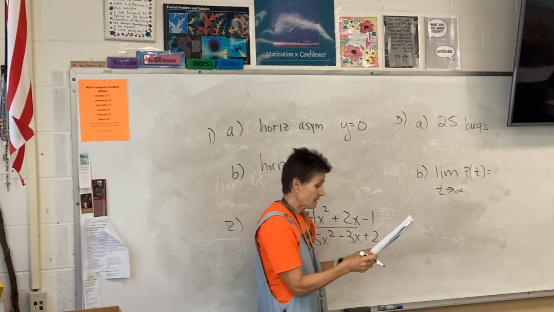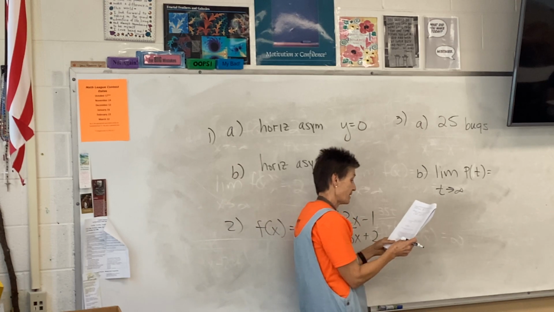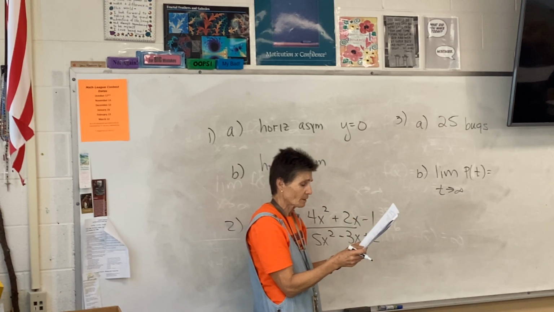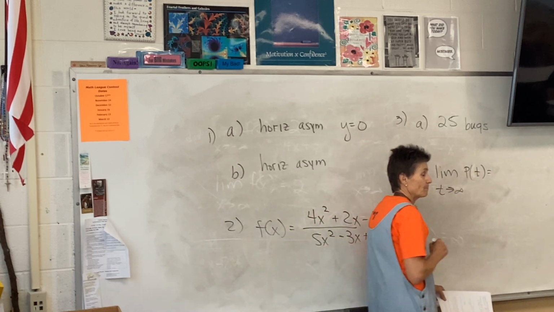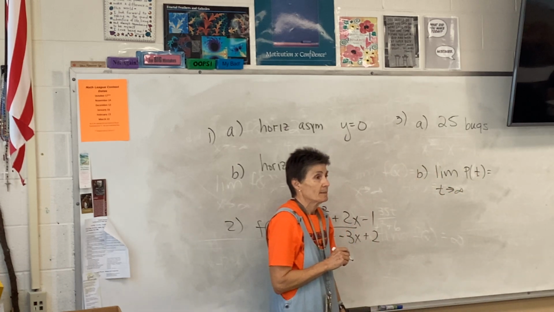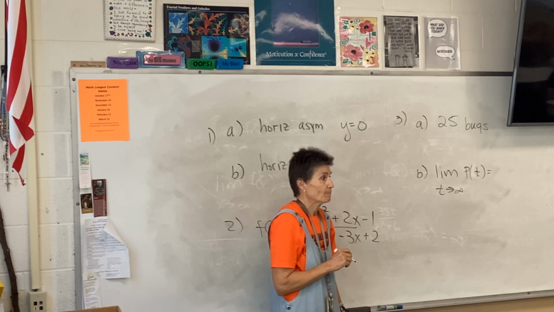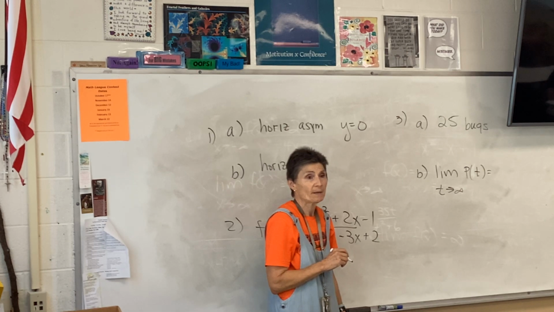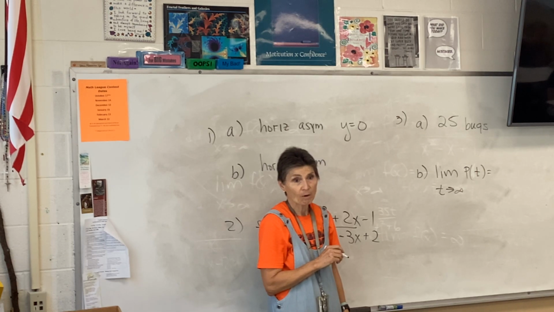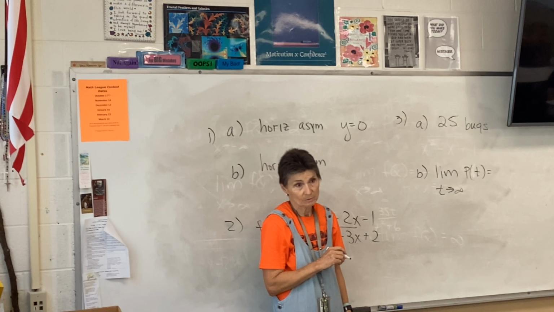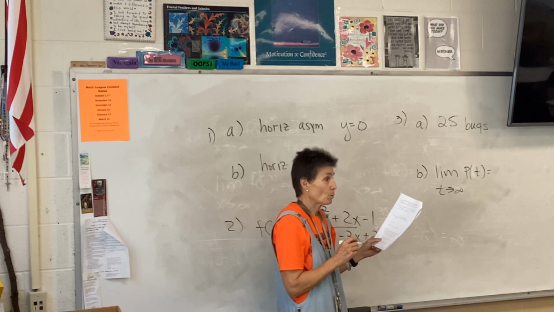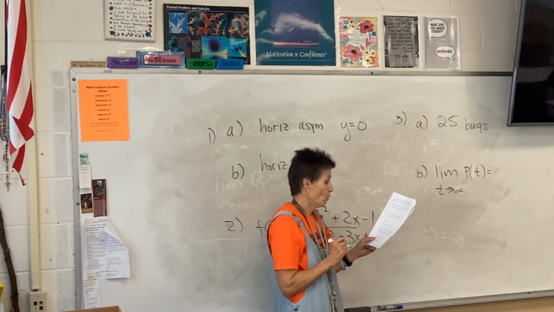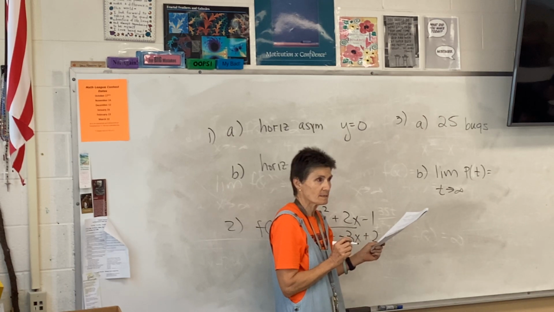All right, find the limit and interpret your answer in the context of this problem. Okay, so what did you come up with for that one? What do we compare? We're finding the limit. We compare the highest power of our variable. So what have we got in this problem? We have 25 t's over 0.01 t's.